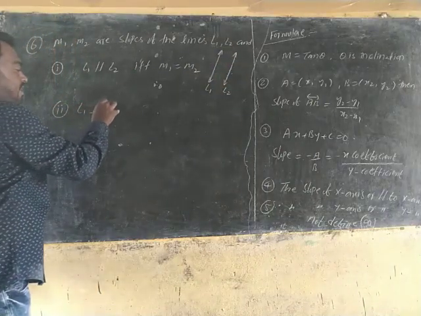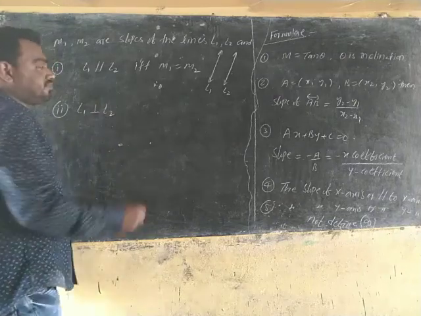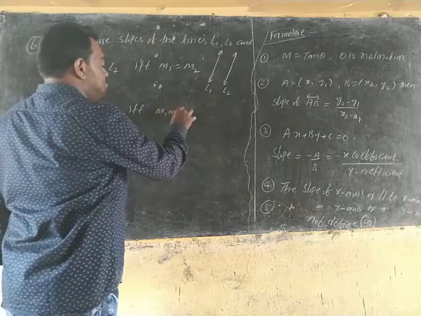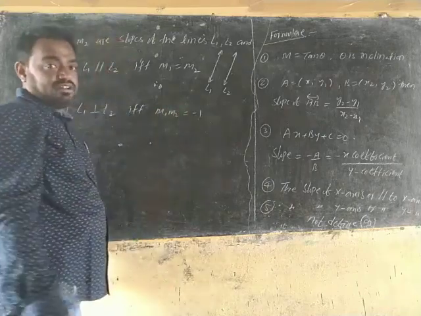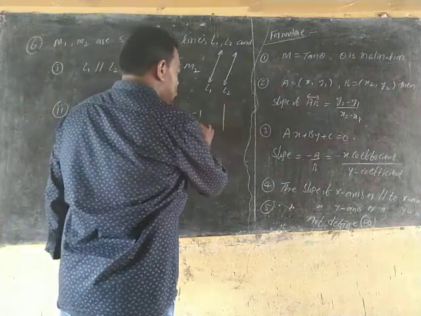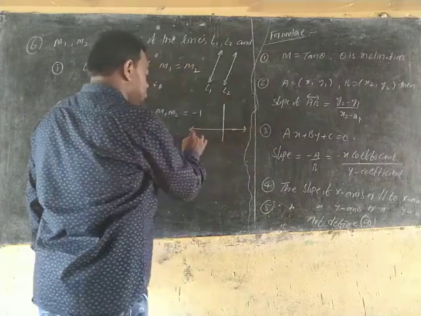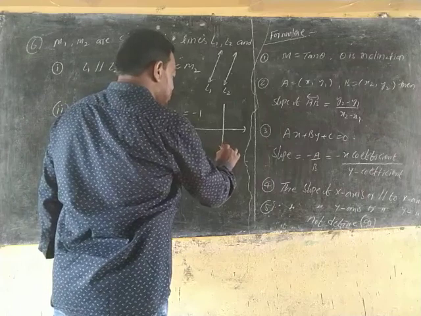Next, the second one. Two lines are perpendicular to each other if and only if the product of the slopes is equal to -1.